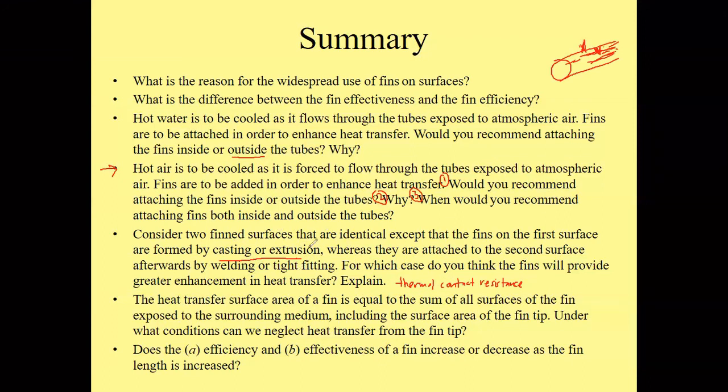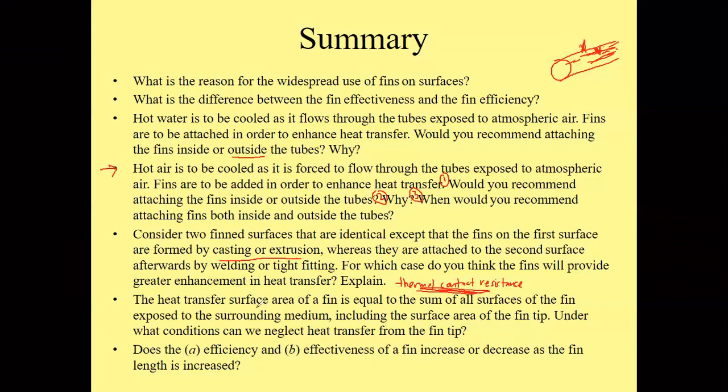Okay, but still there are probably air gaps between the surface and the fins that will give you another resistance to heat transfer.